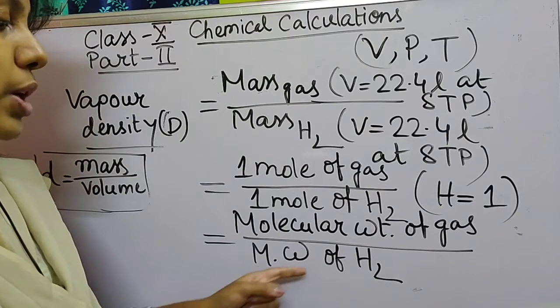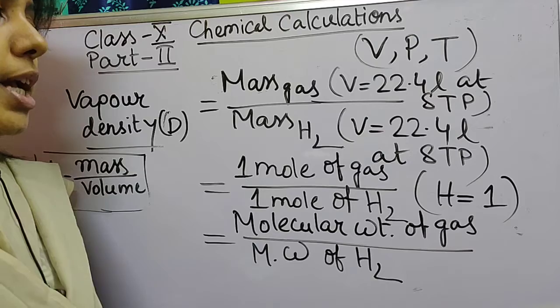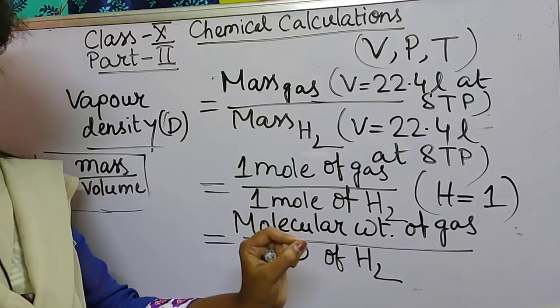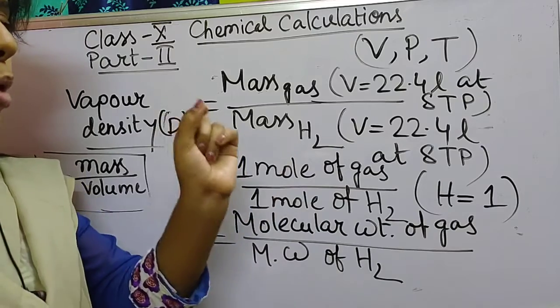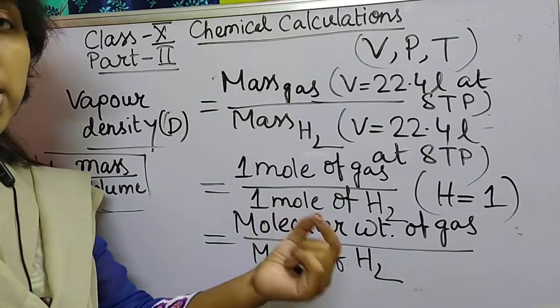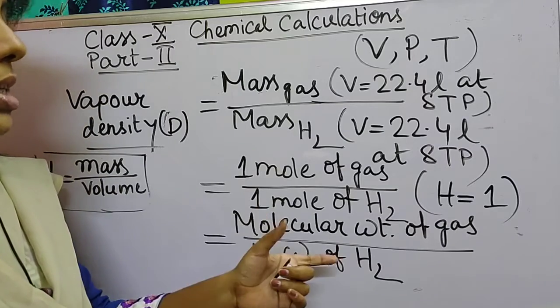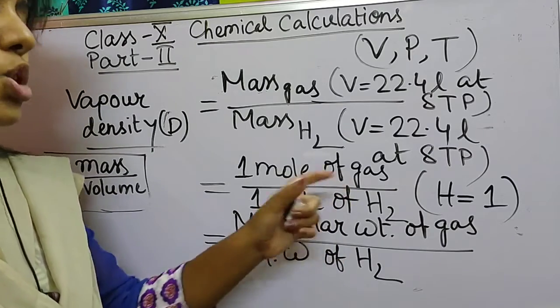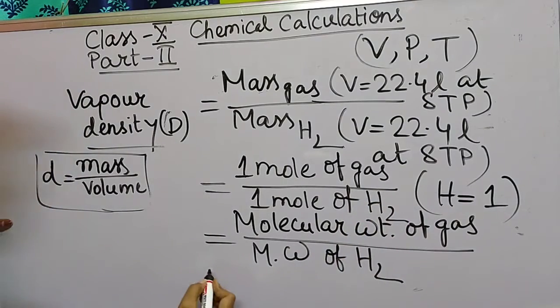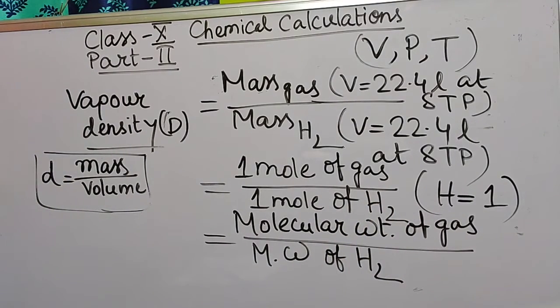So the molecular weight of hydrogen will be 2 gram. If you calculate it accurately, the mass is actually 1.008 gram, and that mass is 2 into 1.008 gram. But for this class you just have to take it as a rough idea.